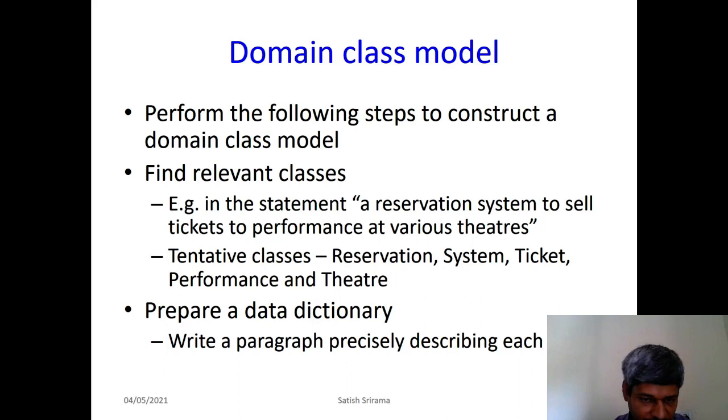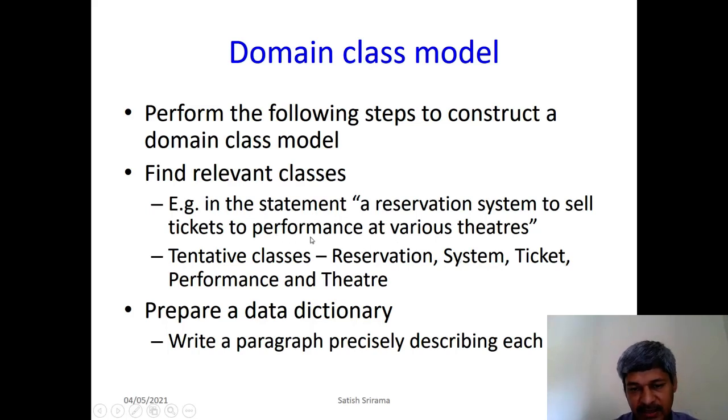Say for example, we have to develop a reservation system, and in the system conception you have come out with this problem statement: a reservation system to sell tickets to performances at various theaters. From this statement you can extract several tentative classes, which are generally nouns. Reservation is one tentative class, the system is one, the ticket which you will use to visit a performance is one.